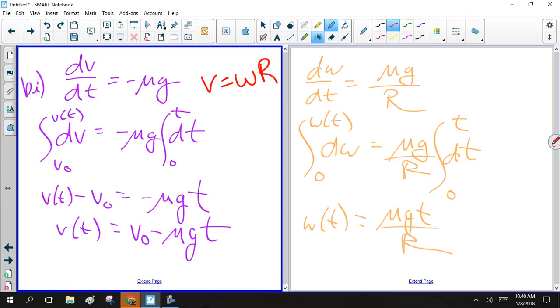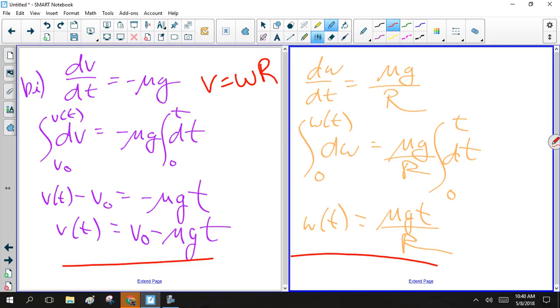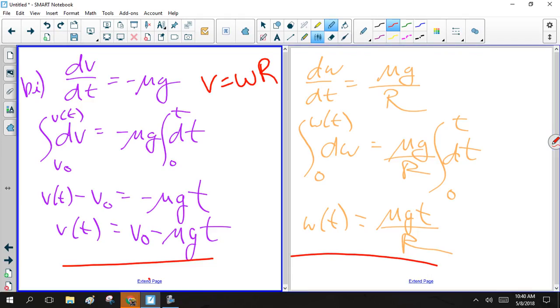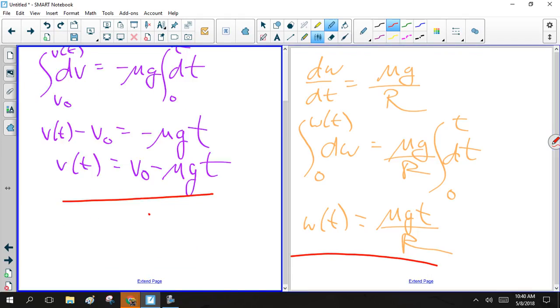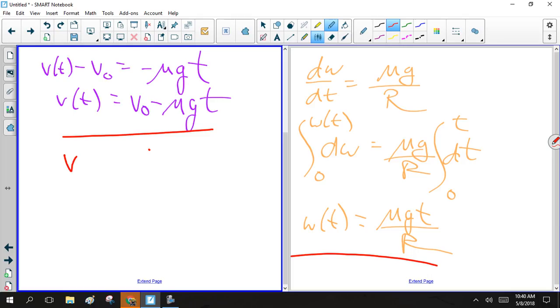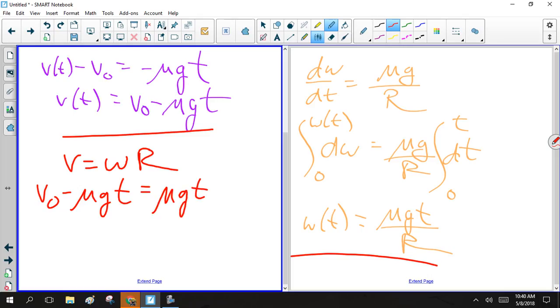Right? So look, I've got V, I've got omega, so I'm going to write an equation. So I want to write V equals omega r. So V0 minus mu g t equals omega r, which is mu g t over R times R. So that's my omega times R, right?